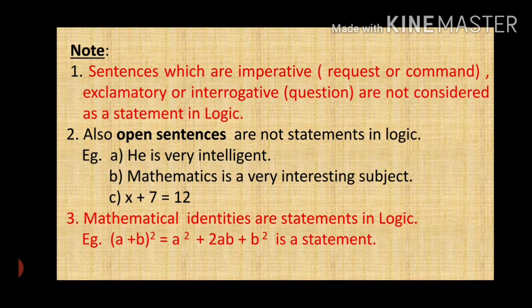So a statement which is true or false according to the situation is considered an open sentence. Now see another example. Mathematics is a very interesting subject. Even over here, mathematics may be interesting for some, may not be for some, isn't it? So this statement can be true or false as per the situation.